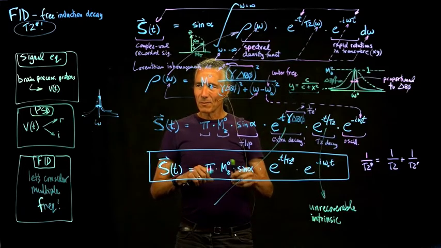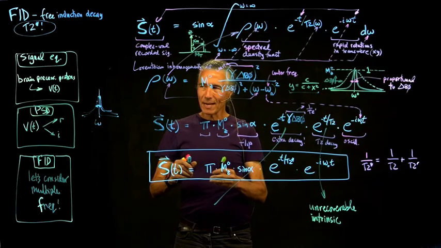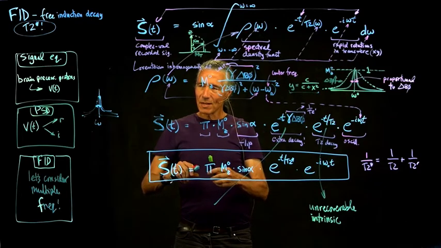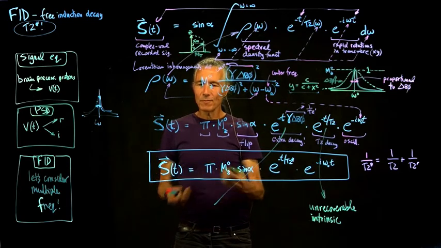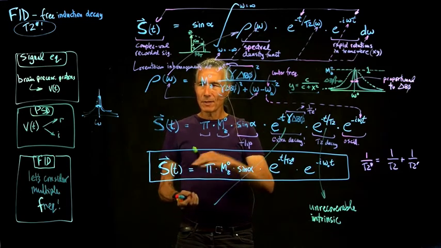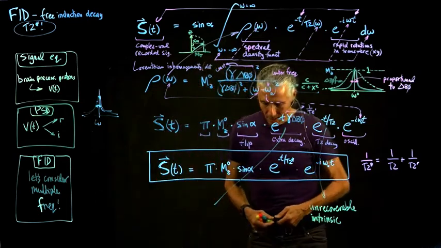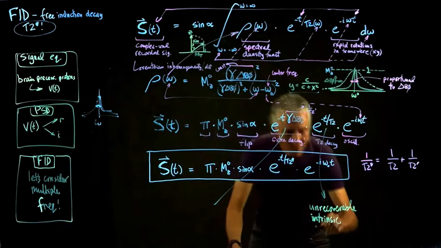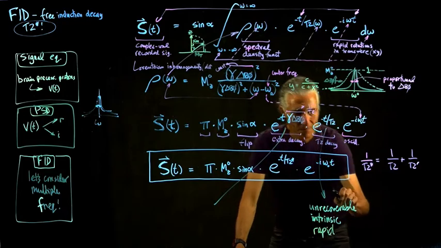What happens is when these magnets interact with each other, they slightly slow down or speed up, and they essentially start to get out of phase with each other. And as they get out of phase, when you do your vector sum for the RF coil, you get a smaller and smaller signal. So this is unrecoverable, intrinsic, rapid oscillations. That's T2.